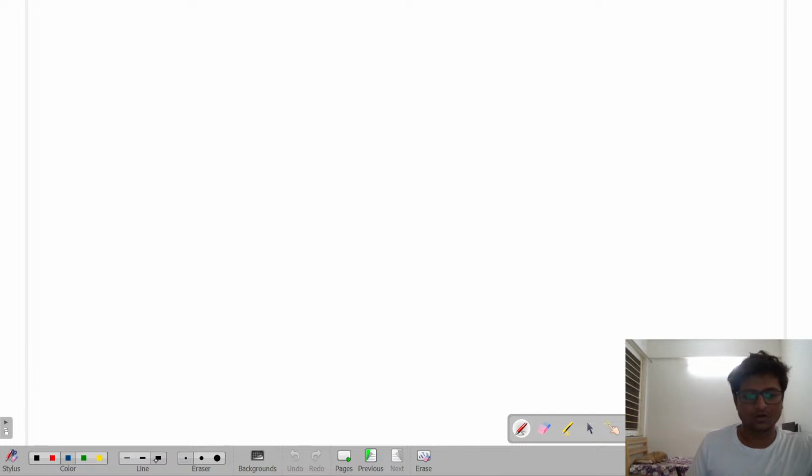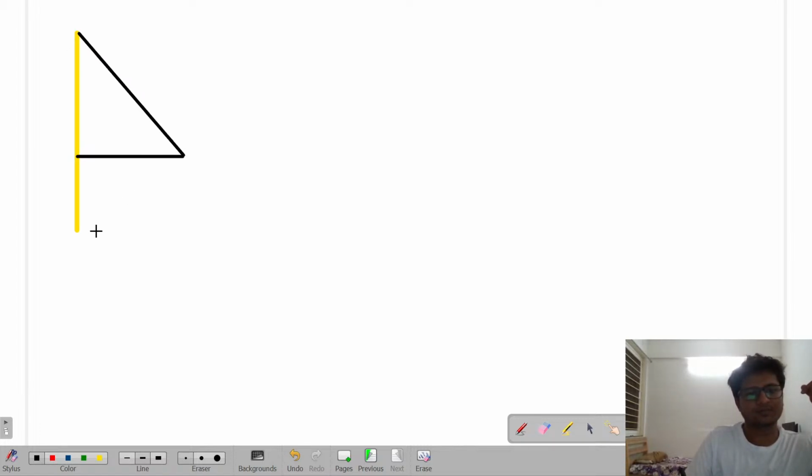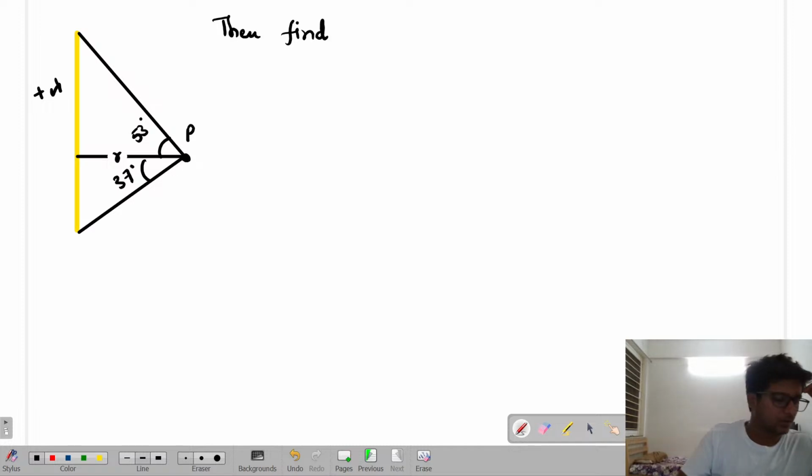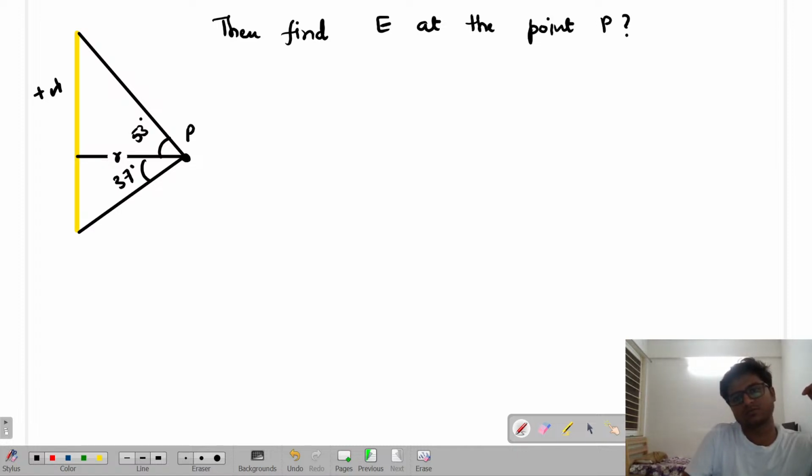If there is a uniform rod, and at point A the ends of the rod make this 53 degree and this 37 degree, and the rod has linear charge density plus lambda, and this distance is given as r, and this is my point P. Then find E at point P. Tell me, what will be the answer?